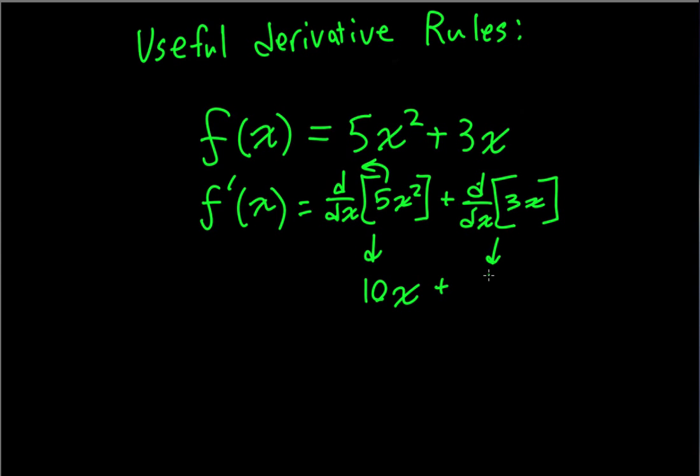What's the derivative of 3x? Think of the function y is equal to 3x, right? This is a linear equation. Y is equal to 3x. This is the equation of a line. A linear equation might not be the best word to use, but this is the equation of a line. And this here, that's our slope.